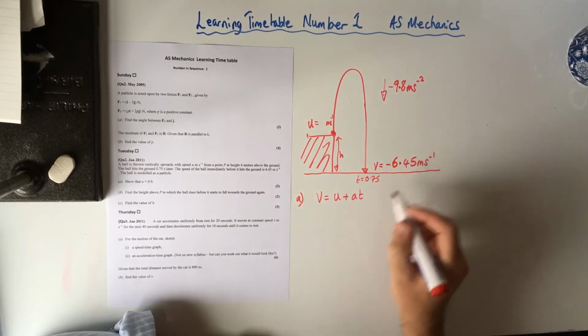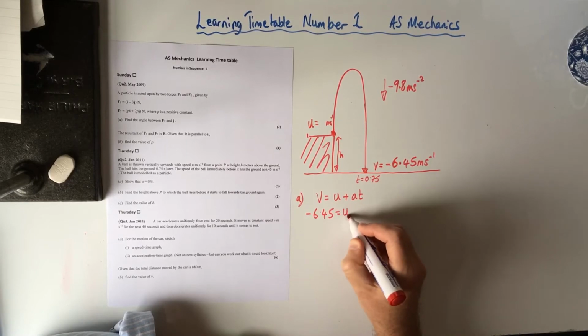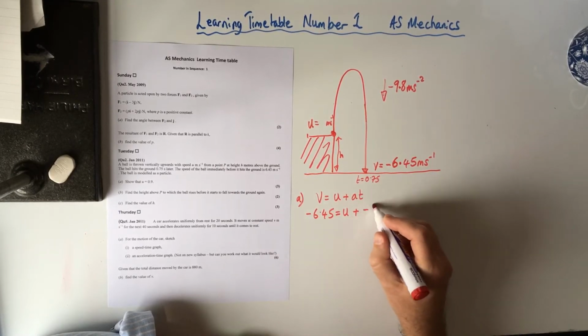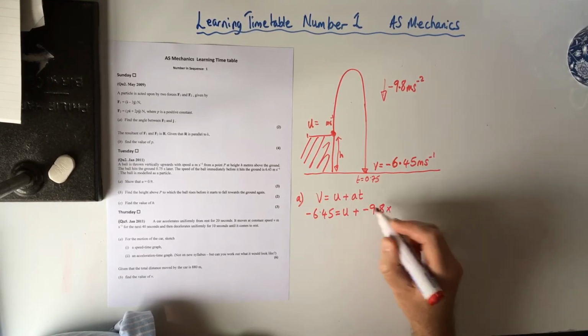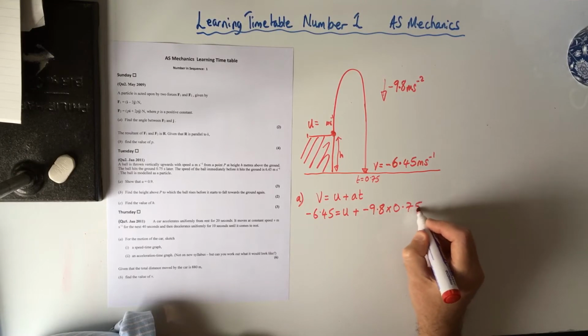We know that the velocity is minus 6.45. We don't know the initial velocity, I'm going to find that. Plus, we know that the acceleration is minus 9.8, and it was this velocity at a time of 0.75.